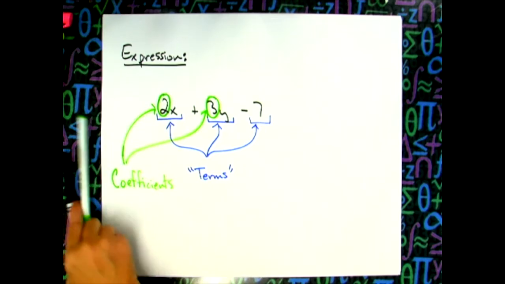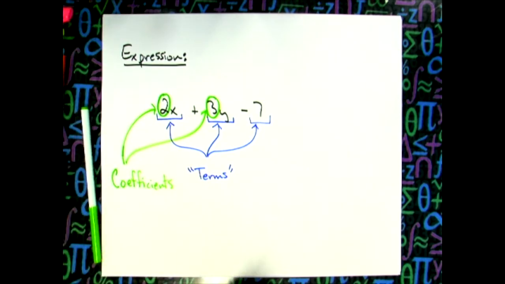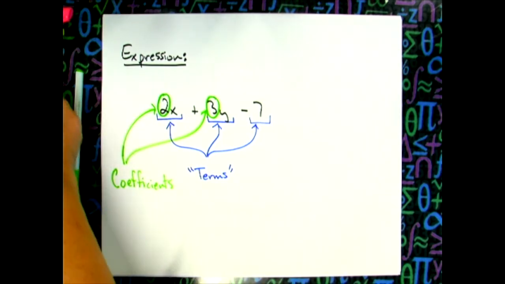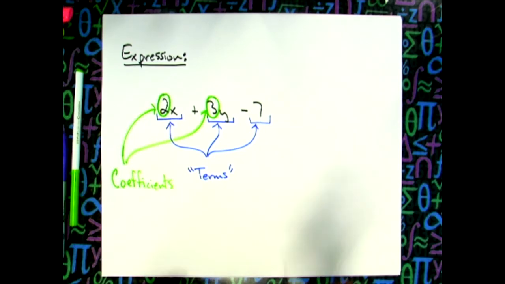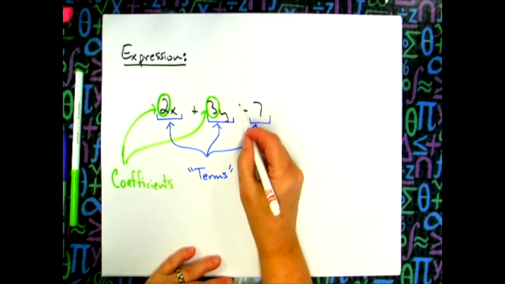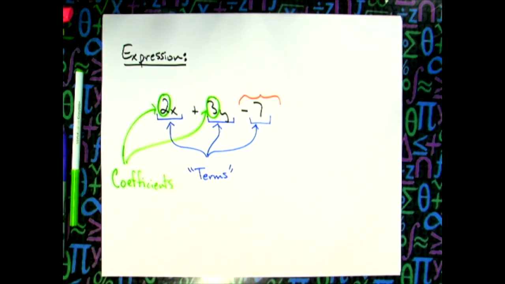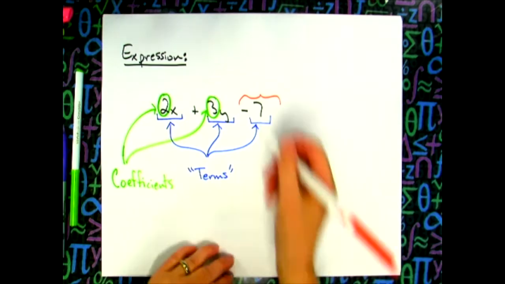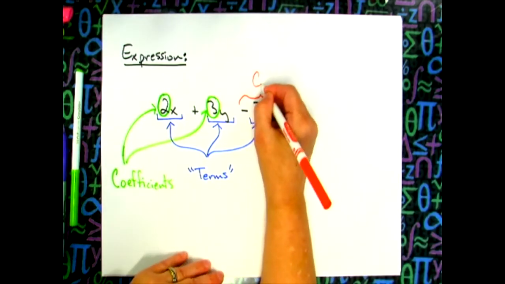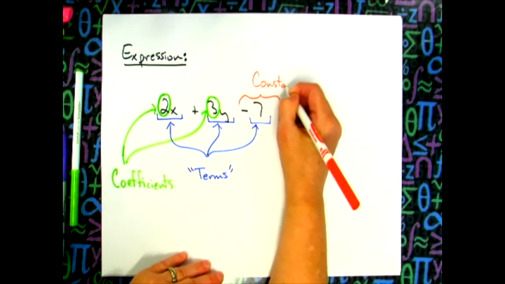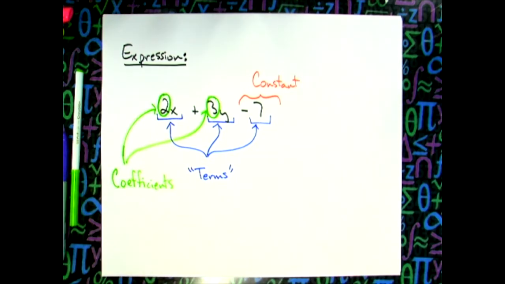All right, it's just a plain number. Now we don't want to call it number because that's kind of boring. All right, so what we're going to do is we're going to call the, and I'm going to kind of include the negative sign too, because it is a -7. It says -7, okay, plus minus is a -7. All right, this is called a constant. All right, because it doesn't change, right? 7 is 7, -7 is -7.